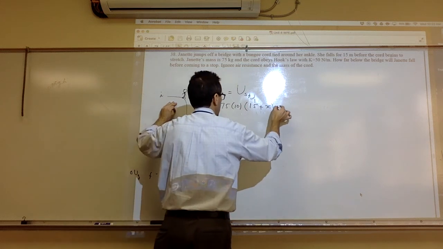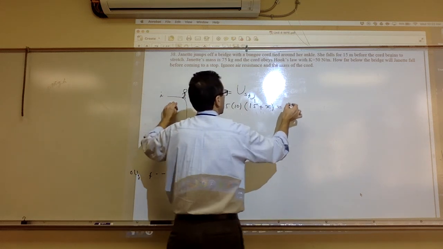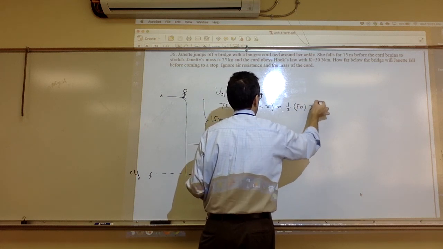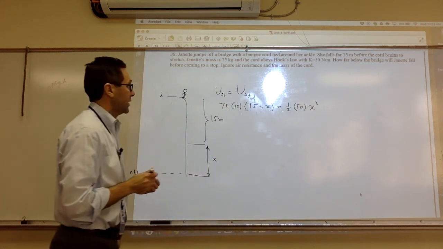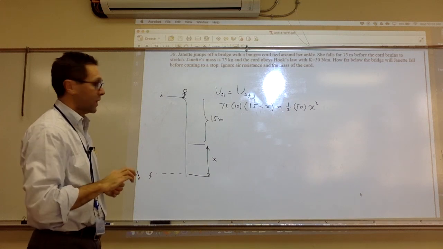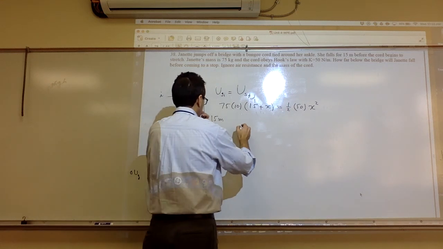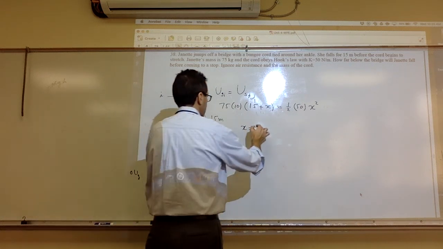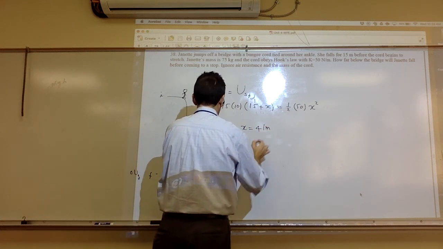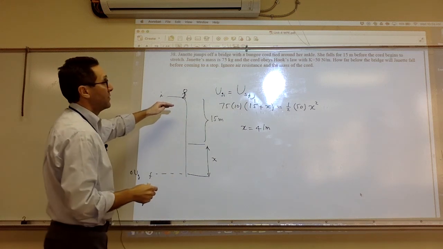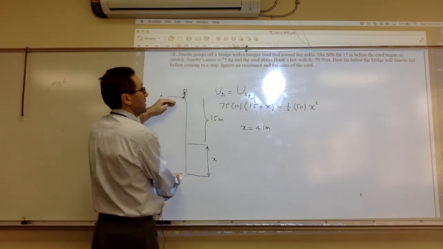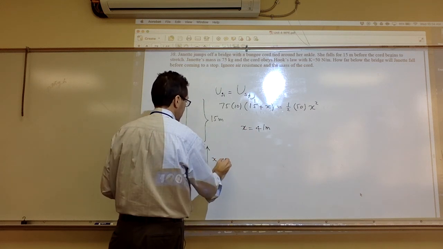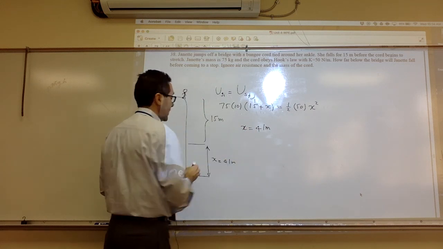And that should equal the energy stored in the spring, 1/2 kx squared. Now to solve this, you're going to need to use your calculator or do a quadratic equation, and you should get an x equal to 41 meters. And to figure out how far below the bridge she is, you just have to add 15 to 41, because this is 41. So you have to add the 15 to it.